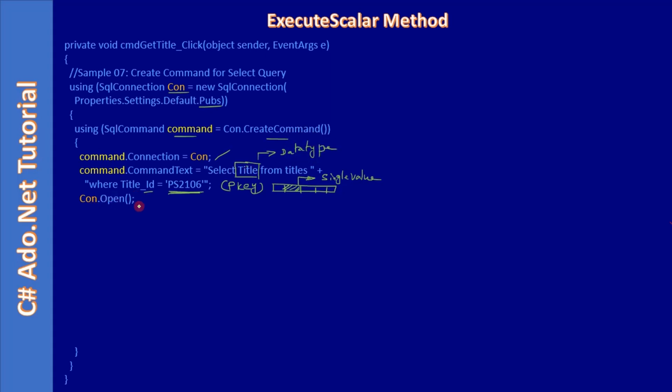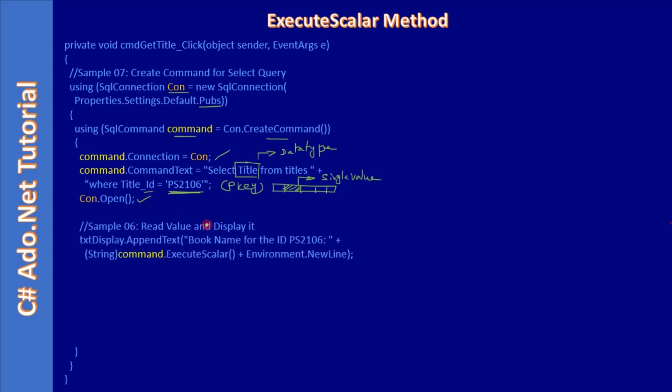Alright, here the connection is ready, and the command text is ready. We are making a call to connection.Open, and we will use command.ExecuteScalar. Since we know that it returns an object and the data type is string here, we are typecasting it as a string. And if you see txtDisplay, that's our multi-line text box, AppendText method.